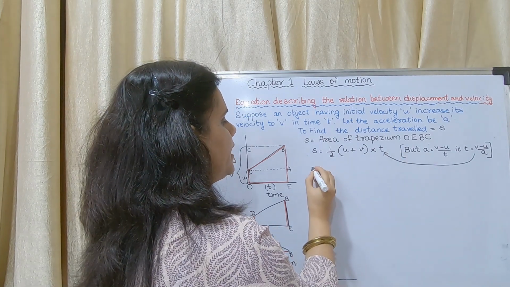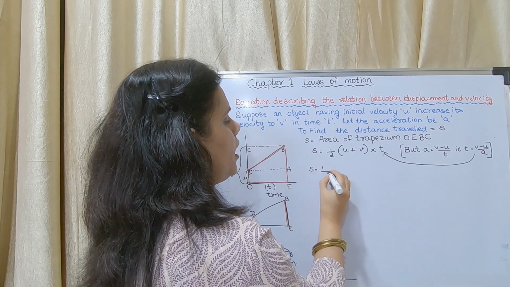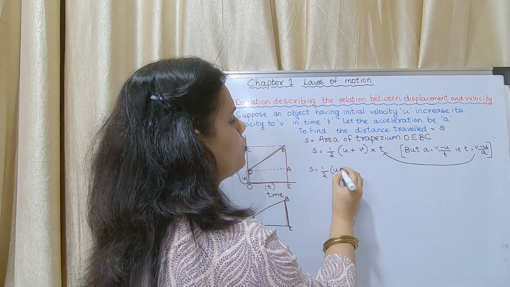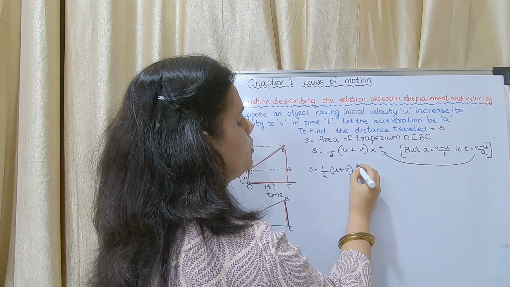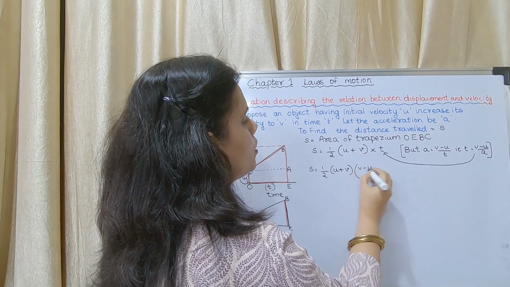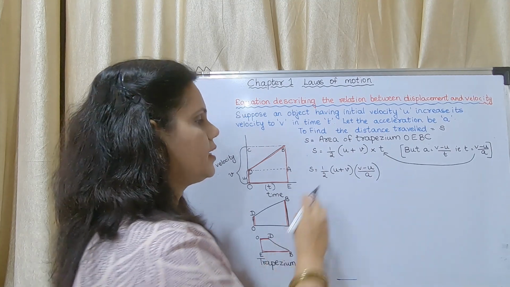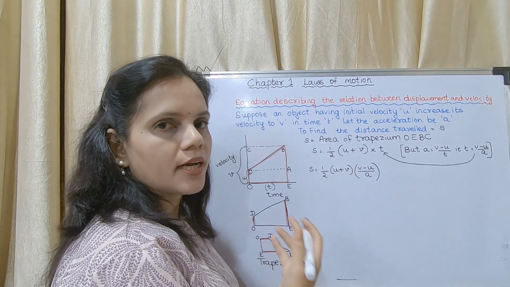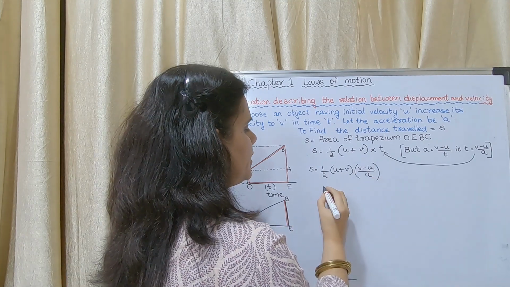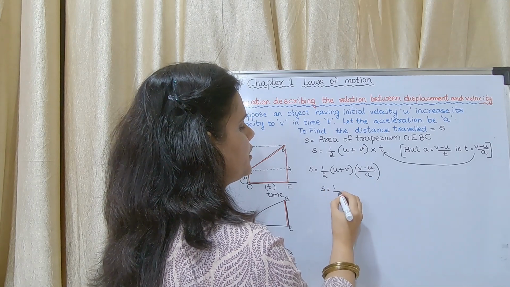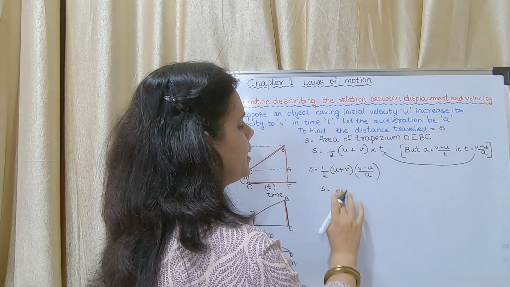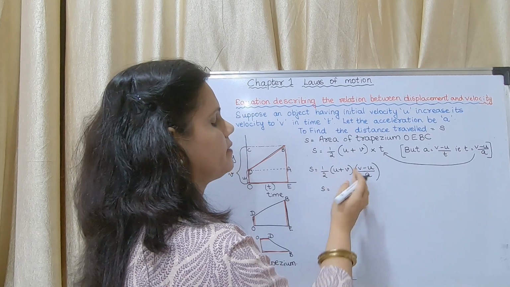So we will get it as s is equal to half into u plus v into v minus u upon a. We will get it like this. Okay, this I am going to rearrange. So I will get it as half into, or I will take that one into it.